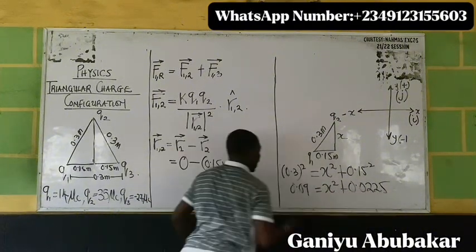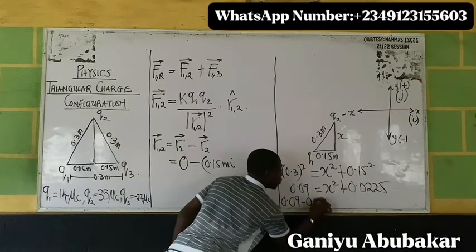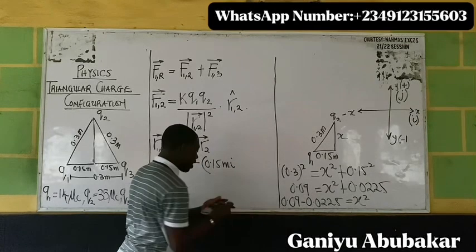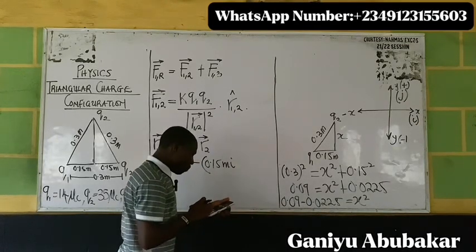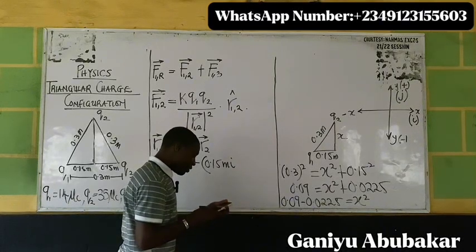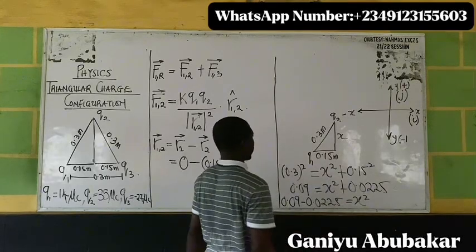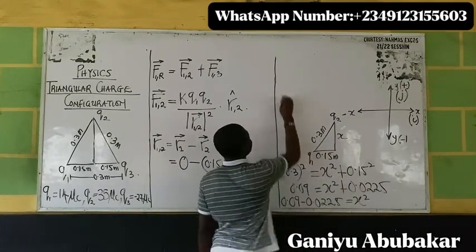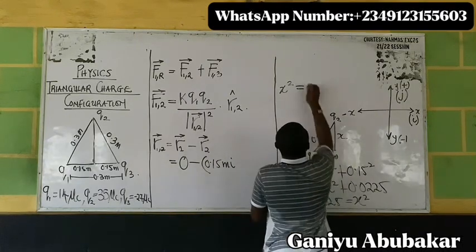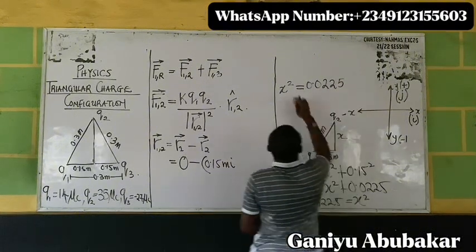I'll have 0.09 minus 0.0225 equal to x squared. Subtract them. Now from here, x squared is equal to, subtracting the two, 0.0225. Take the square root.